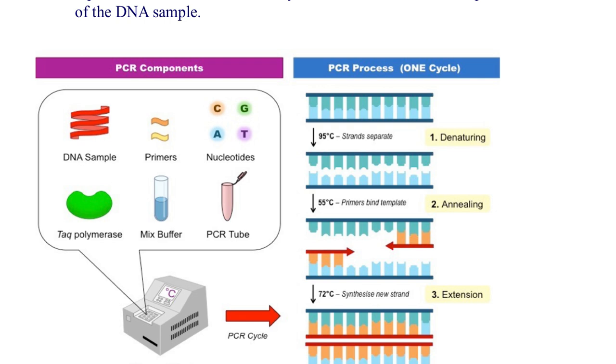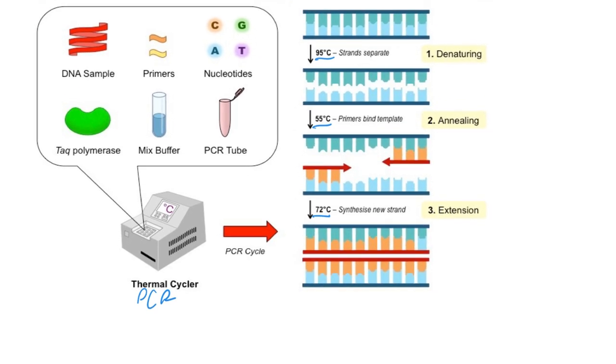So without getting into too much detail here, how does a PCR machine, also called a thermal cycler, do this? Well, it heats up and then cools, then heats up, and repeats this over and over again.